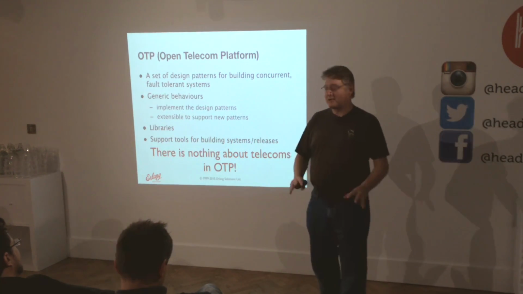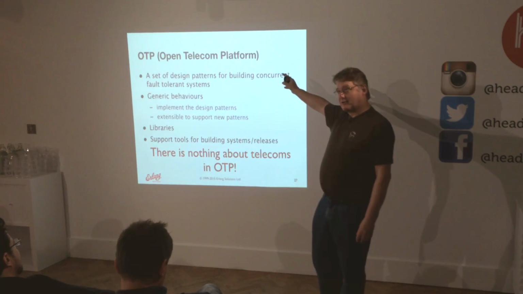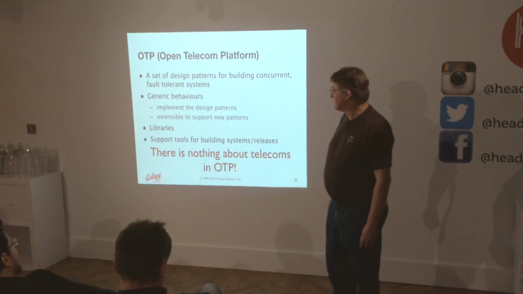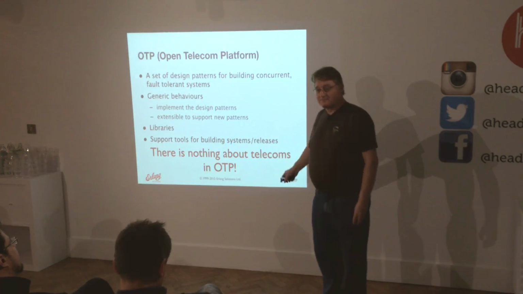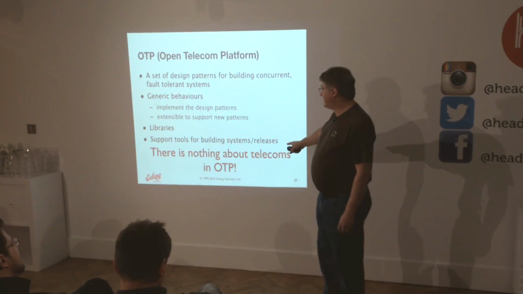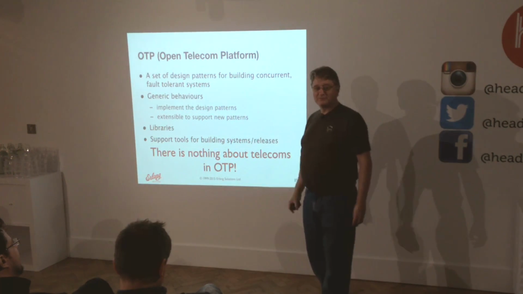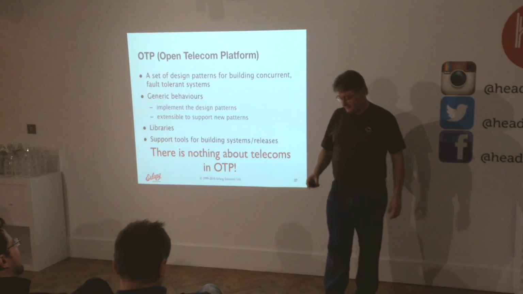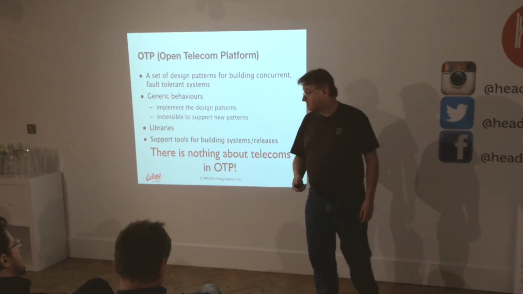So it's a very politically correct name to come from a telecoms company. So don't be scared off by the fact that it says telecoms. If you look in the documentation, I think it says Open Telecom Platform once or twice in the whole documentation package, which is about that thick, right? It says OTP everywhere else. It's nothing to do with telecoms.